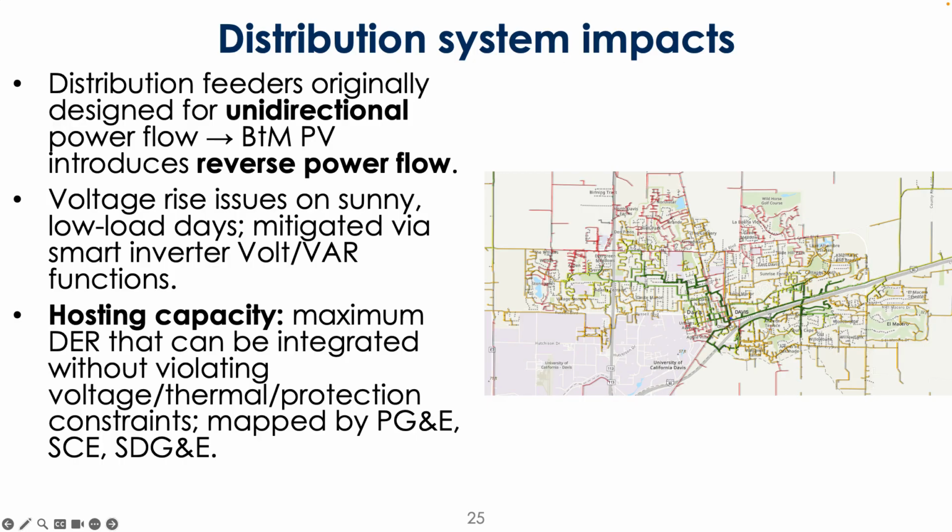So yep, the utility will not allow you to oversize your solar installation, because not only are you heavily incentivized not to do so under the way NEM works, they also want to minimize the stress that you're going to be putting out onto the grid.